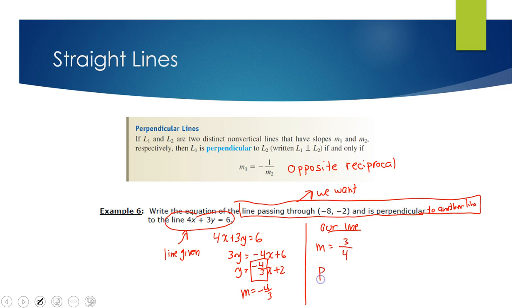We also know it's passing through -8, -2. So again, if I'm satisfied with using point slope form, that's a suitable answer in point slope form.